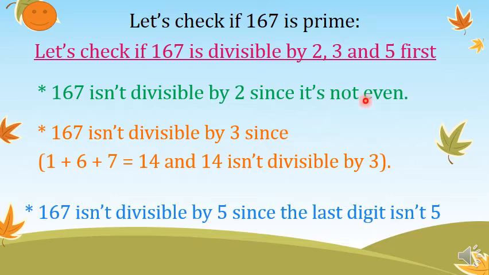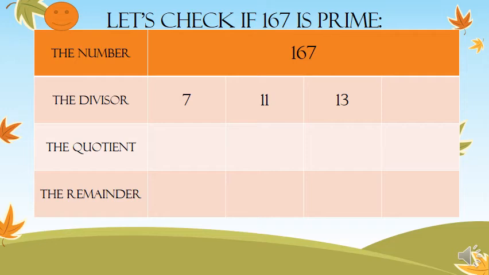So now I have to check if it is divisible by 7. Okay, so now I continue checking if 167 is divisible by 7. 167 divided by 7, the quotient is 23, and I get 6 as a remainder.